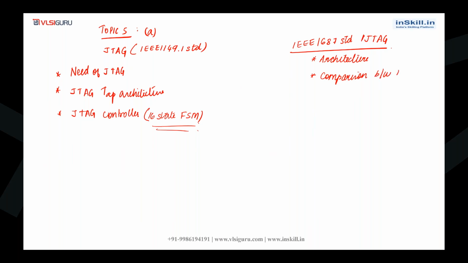Then we will be discussing the advantages of IJTAG. So these things we'll cover: the IEEE 1687 standard IJTAG, its architecture, the comparison between JTAG and IJTAG, and after the comparison, the advantages of IJTAG.